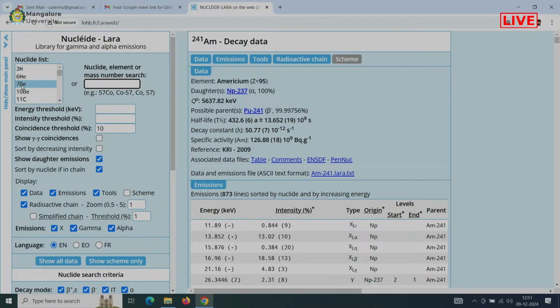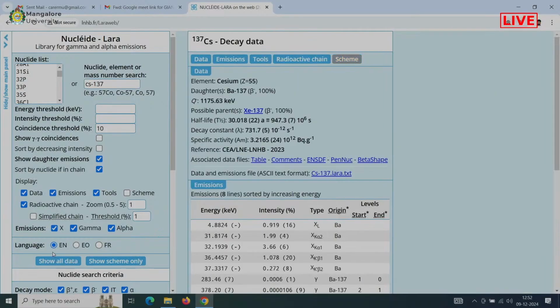You can select the nuclide in question by using this or by writing it down here. I put cesium-137 in the beginning. You can select here what kind of data you want to output, but I just say, okay, show all data. Let's see what happens. So this is now the data.